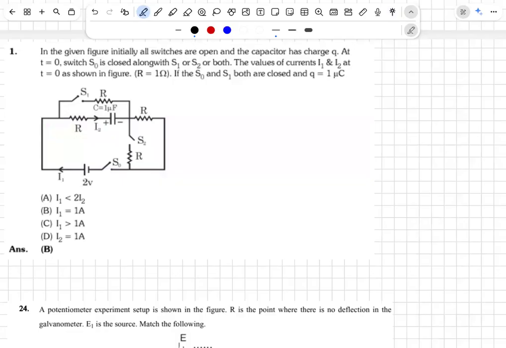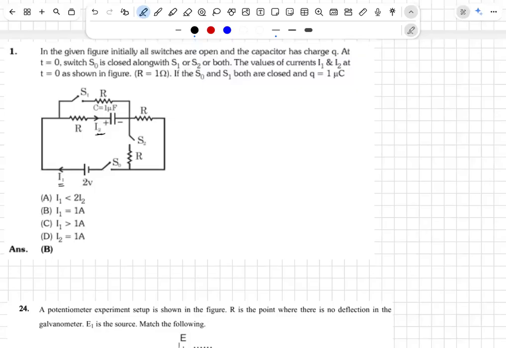Along with S1 or S2 or both, the values of current I1 and I2 at t is equal to 0 are shown in the figure. Wherever used, it is 1 ohm. S0 and S1 are both closed and Q is equal to 1 microcoulomb. So the drop here is 1 volt.